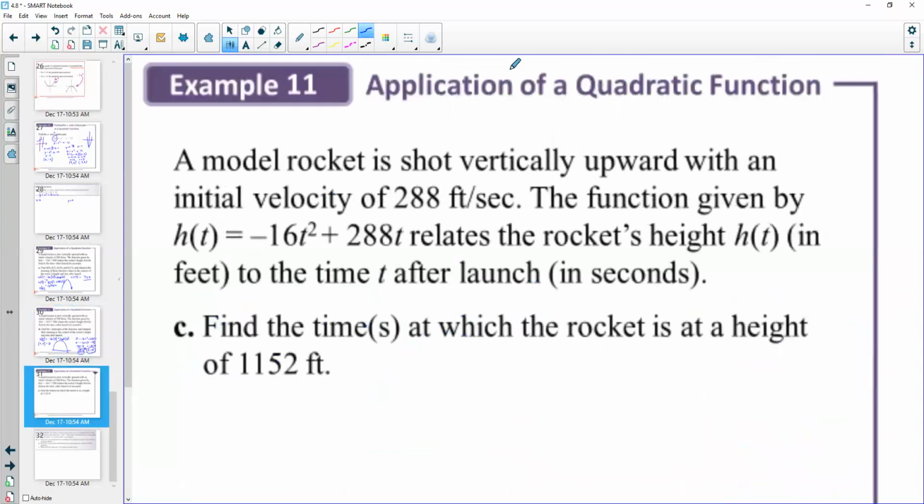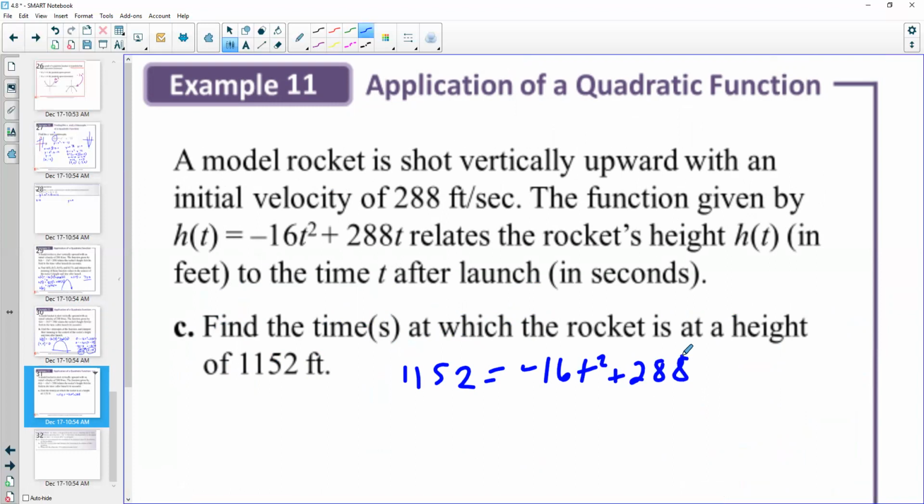All right, last part of this. We have to find what time it is when the rocket is at 1,152 feet. So what do we do? Well, we put 1,152 feet in for h. You can do this. This is calculation at this point. Standard form, right?